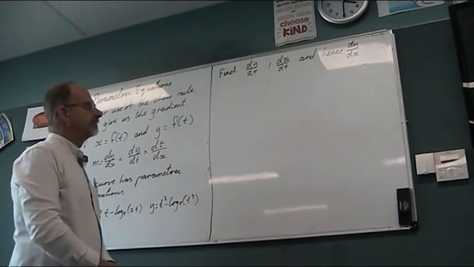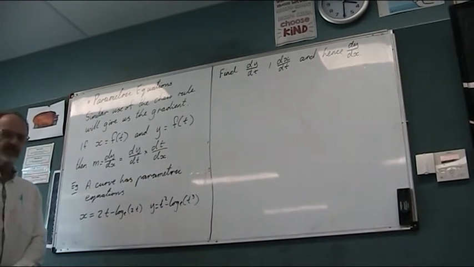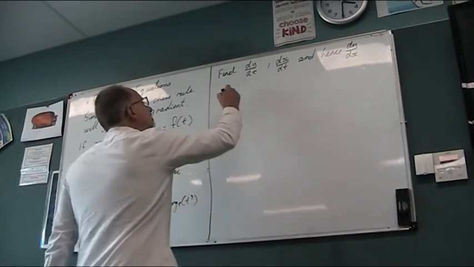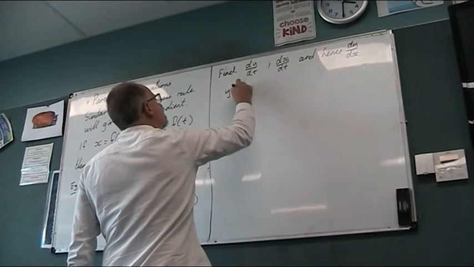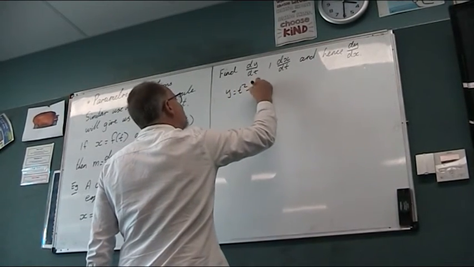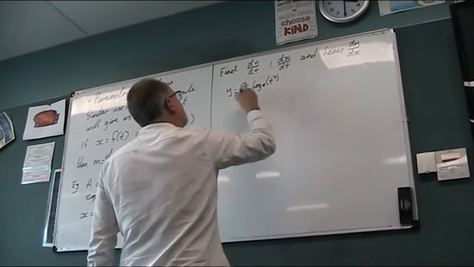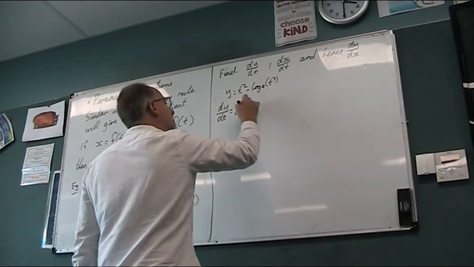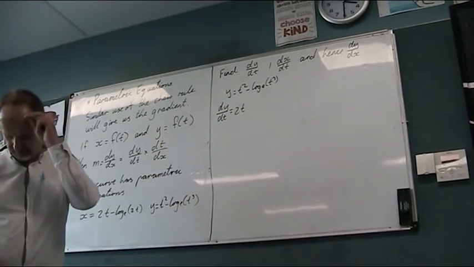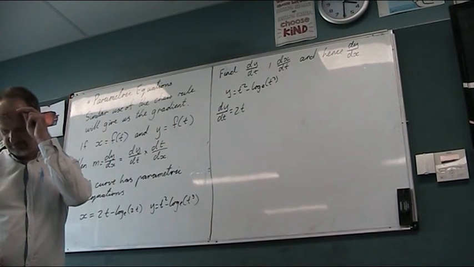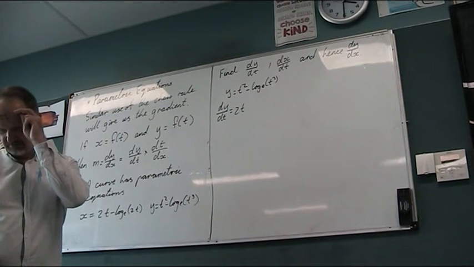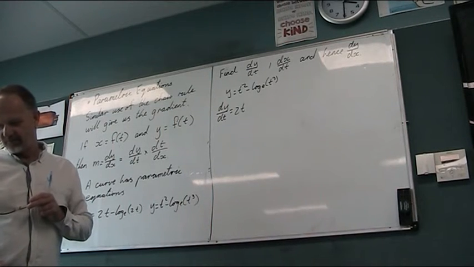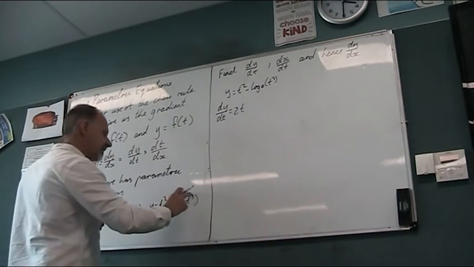All right. So first of all, dy/dt. So if y equals t squared minus log to the base e of t squared, oh that's not cubed, that's squared, sorry.